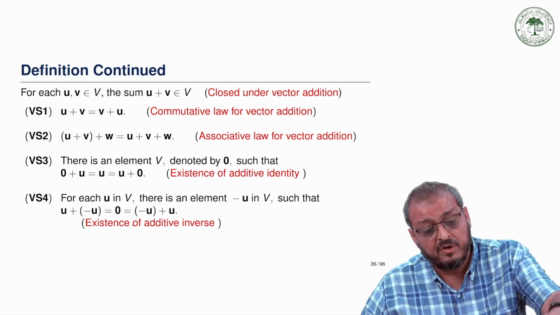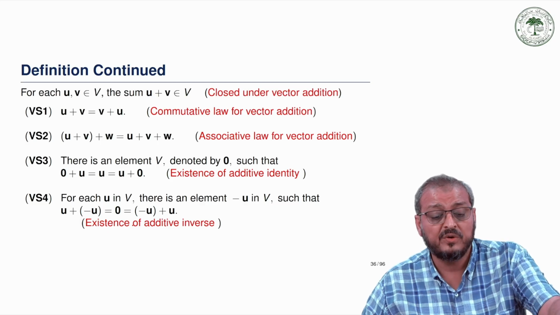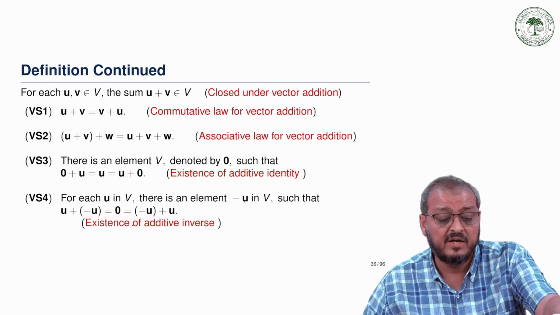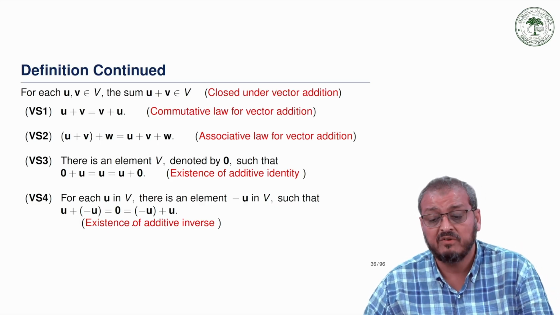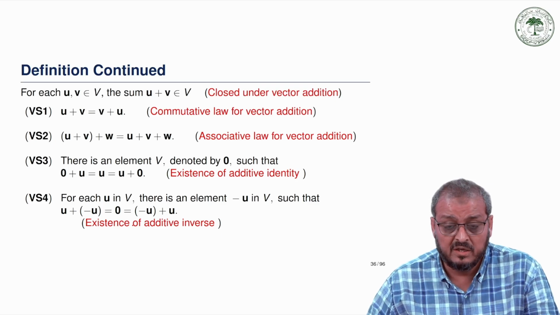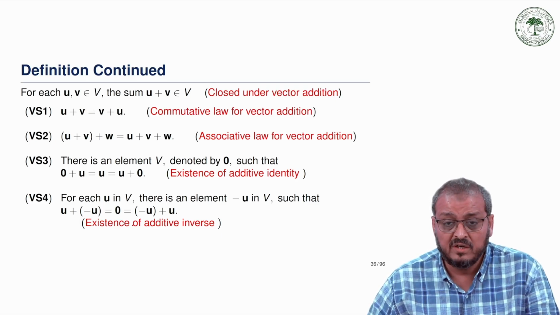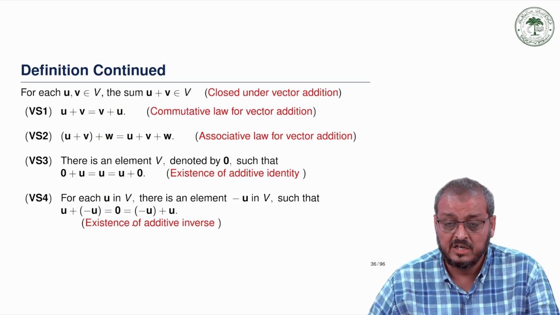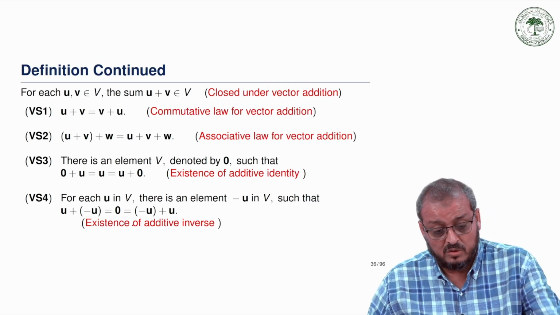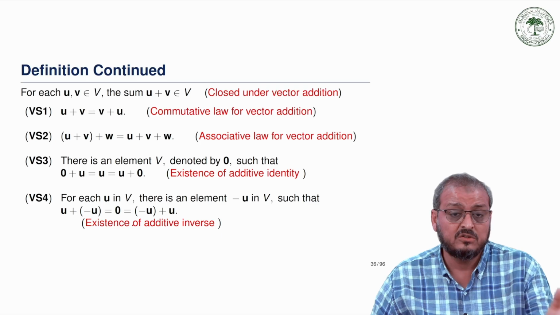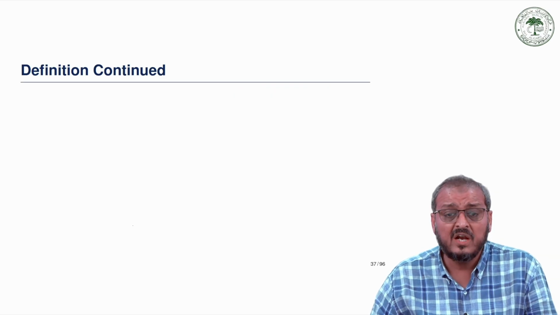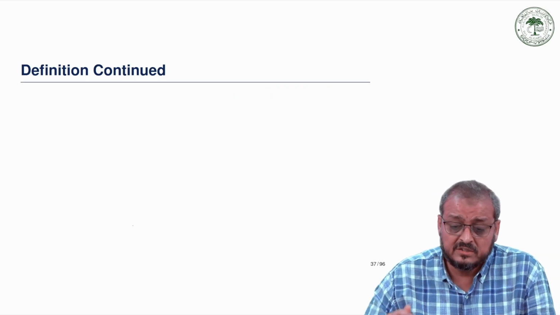So if the vectors and these two binary operations satisfy these properties under addition: closed under vector addition, addition is commutative, addition is associative, additive identity exists, and additive inverse is there. Now, under addition we also have to satisfy conditions under scalar multiplication.